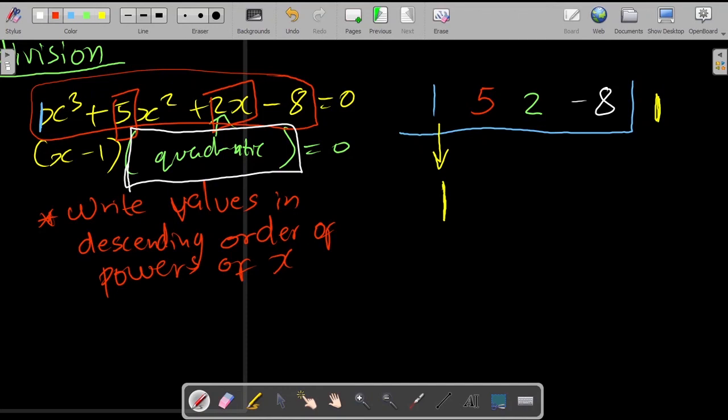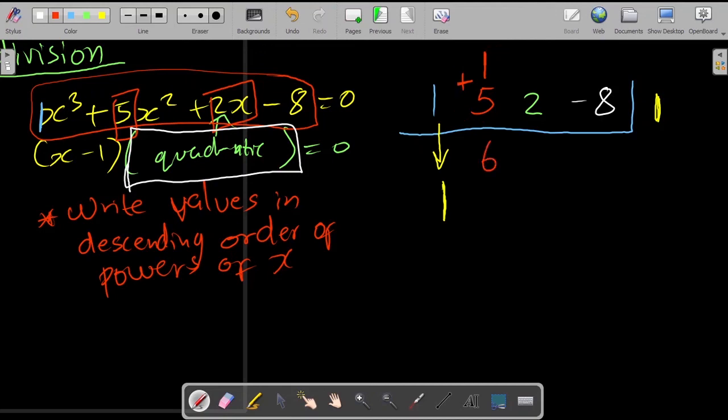Then you take the factor you already found and multiply it by whatever you have down there, which is 1 multiplied by 1, just 1. You add that 1 to the coefficient above it, so that'll be 6.